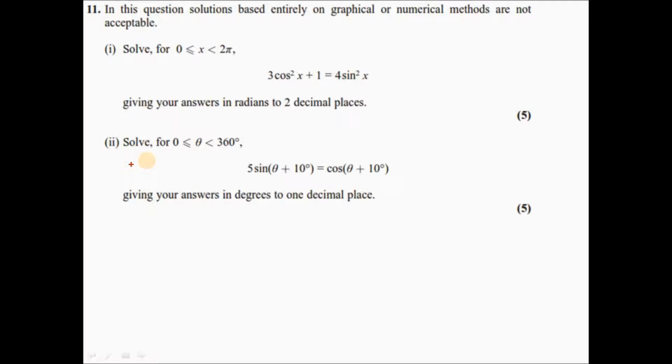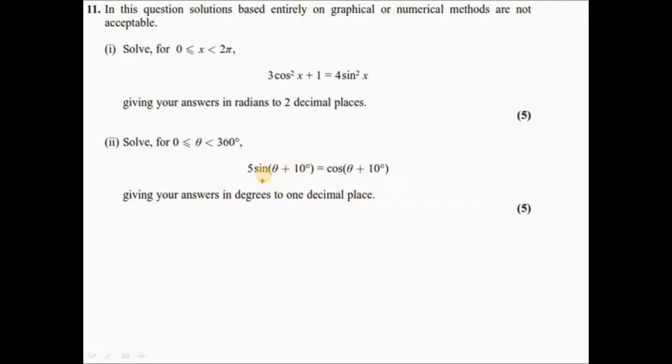Next, solve for 0 to 360 degrees, 5 sine (theta plus 10 degrees) equals cos (theta plus 10 degrees), giving your answer in degrees to one decimal place. Okay, so 5 sine (theta plus 10).